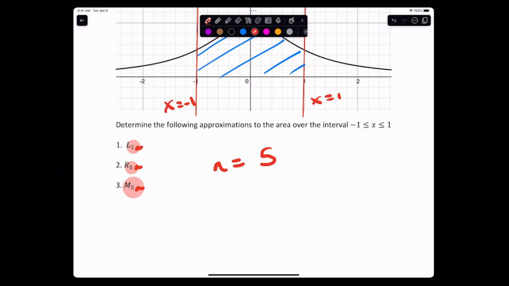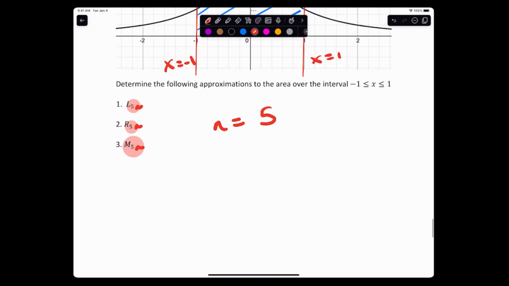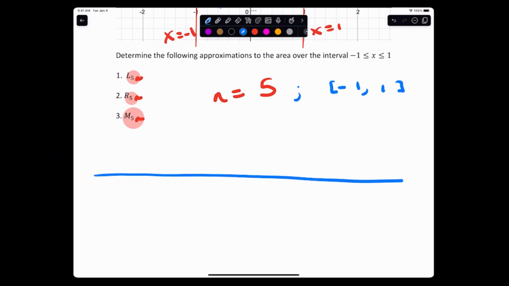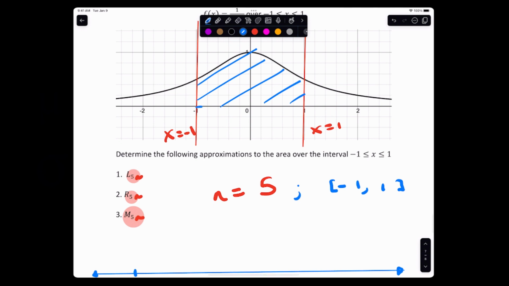5 partitions. Now, here's what you want to do. Your interval AB, what's the interval? From -1 to 1. So when you start this off, draw your real number line here and put where -1 would be.